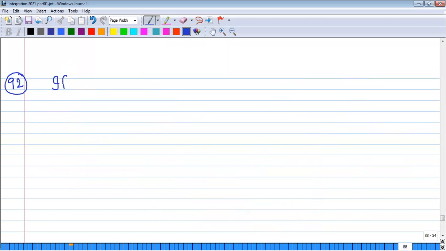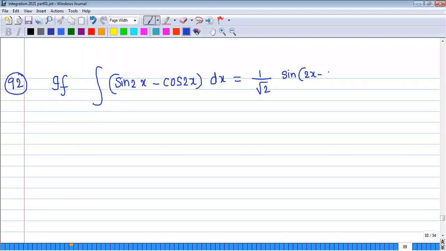If integral of (sine 2x minus cos 2x) dx equals 1 by root 2 sine of (2x minus a) plus constant of integration b, then first option: a is equal to pi by 4, b is any real number because it is an arbitrary constant.